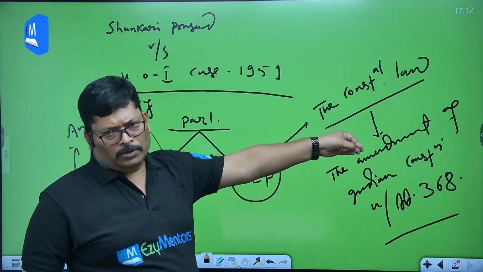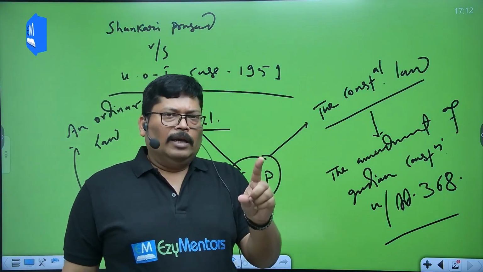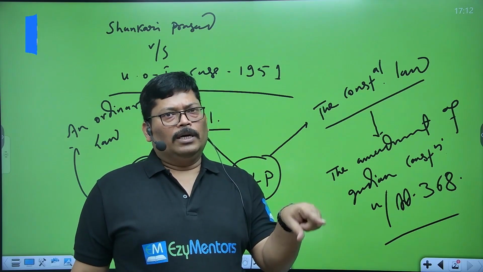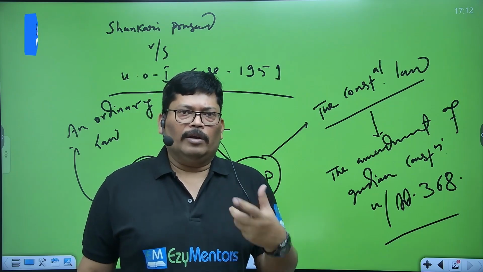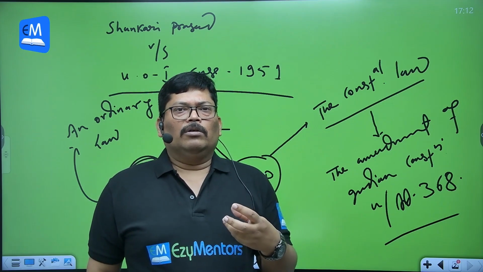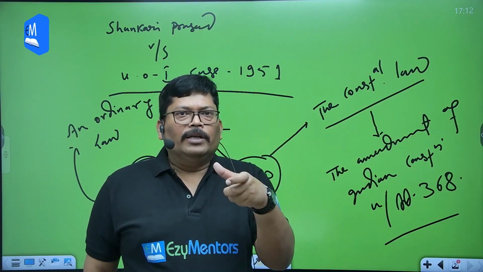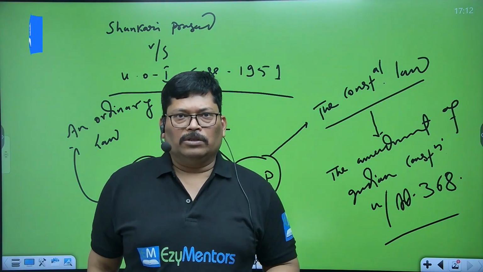A constitutional law means Parliament, on one hand, can formulate an ordinary law, and at the same time, on the other hand, it can also formulate a constitutional law. Remember, constitutional law is called the supreme law of the land. Ordinary laws shall have to show consistency with the constitutional laws.